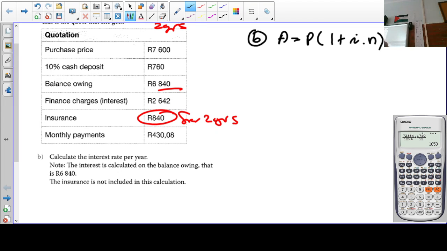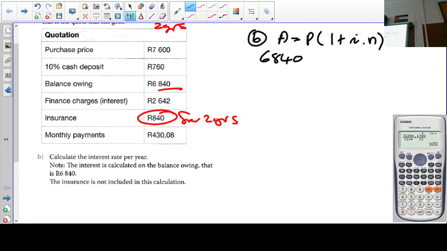You all agree with that? So, the balance owing, this is what value? Balance owing is 6,840, that's your A value. You all agree with that?